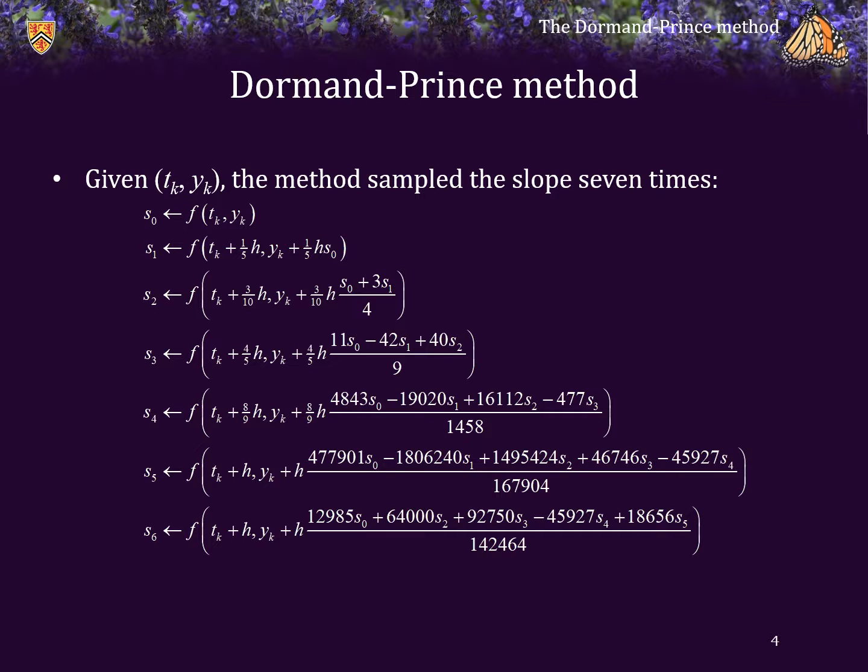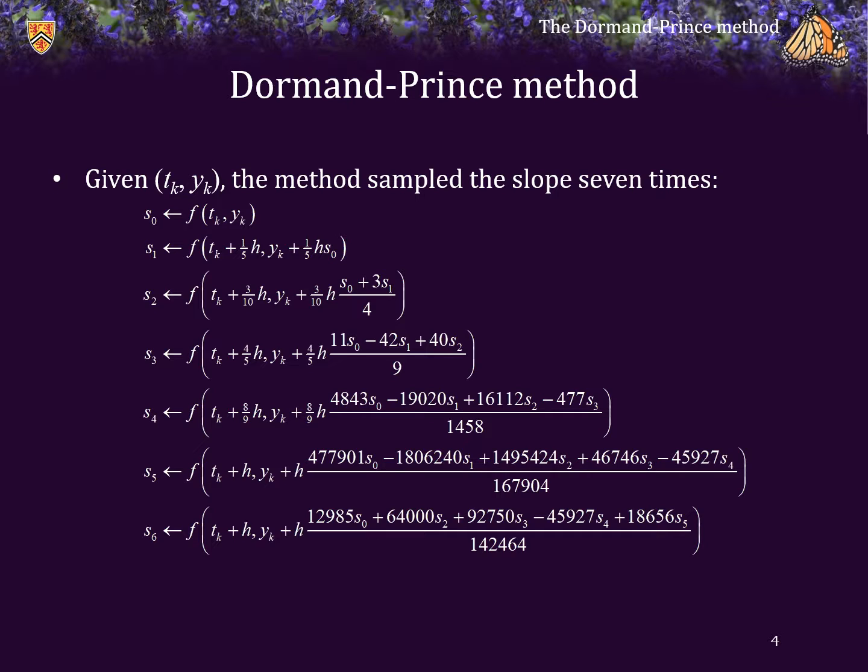When we calculate S3, notice that the coefficients of S0, S1, and S2 are 11 minus 42 plus 40 all over 9, and we see that too is a weighted average. So just like with a fourth order Runge-Kutta, we are taking weighted averages to evaluate the slope at the next point.